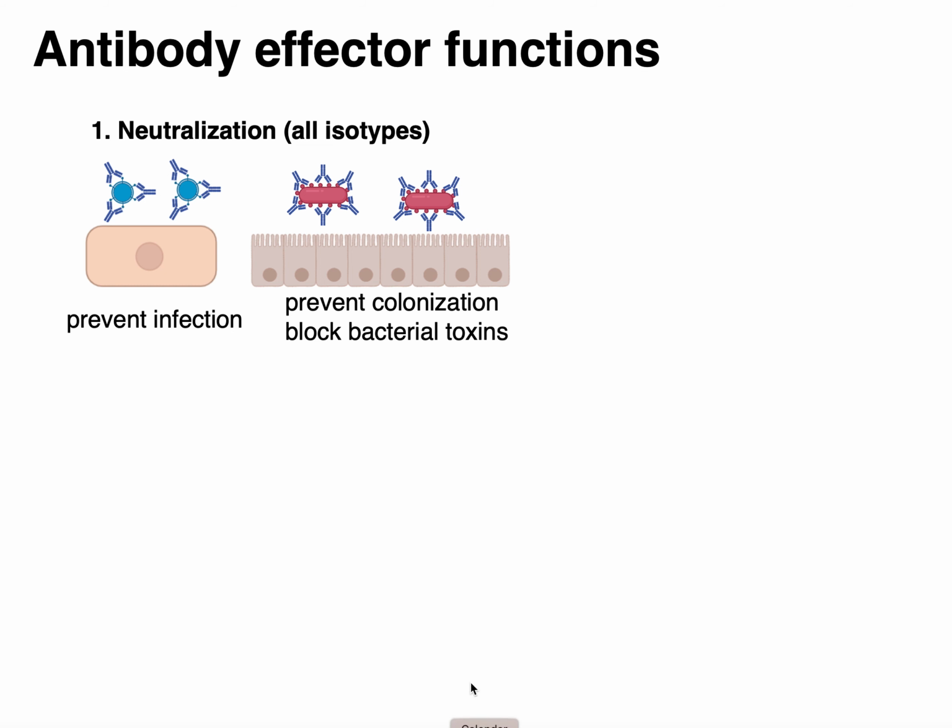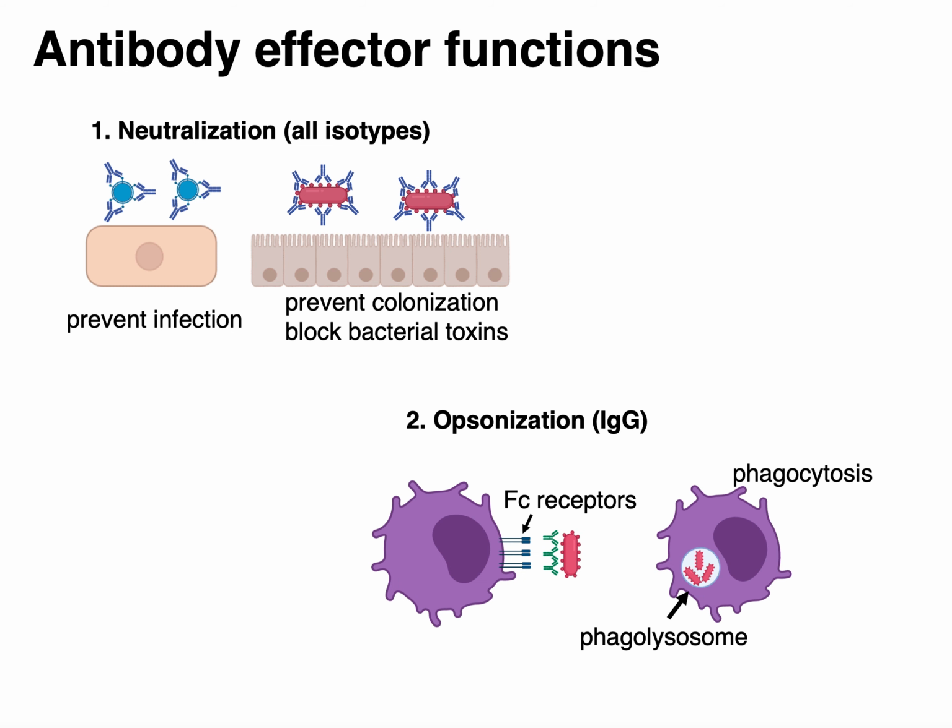Well, the idea behind antibody-mediated neutralization is that antibodies can bind to the surface of pathogens and prevent their infection, or in the case of certain bacteria in the gut, prevent their colonization or prevent them from secreting toxins that can damage these cells. And so neutralization is a key antibody effector function.